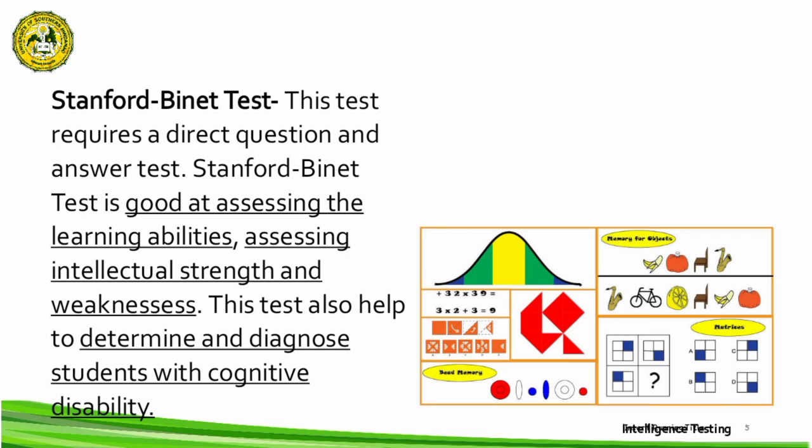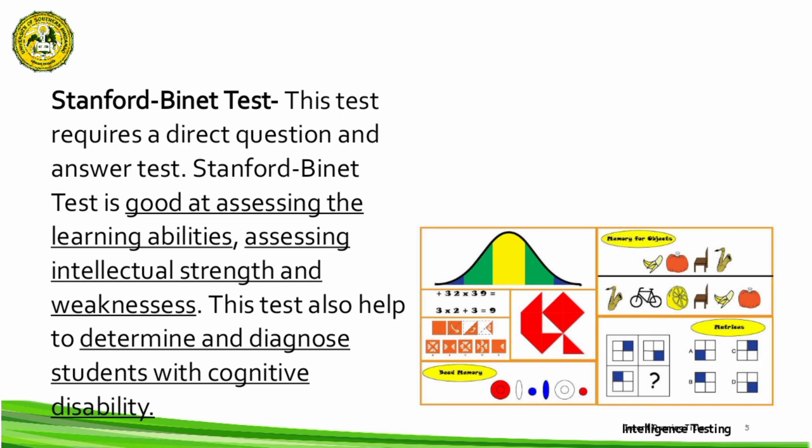The first of those individual tests is the Stanford-Binet test. This Stanford-Binet test was already discussed by the previous reporter, so I'm just going to show some pictures and ideas kung ano yung gina-measure nitong test na to. These tests require a direct question and answer. The Stanford-Binet test is good at assessing learning abilities, intellectual strengths and weaknesses.